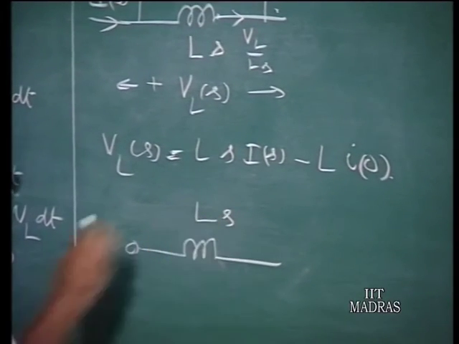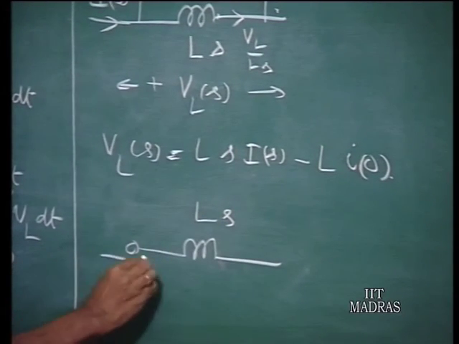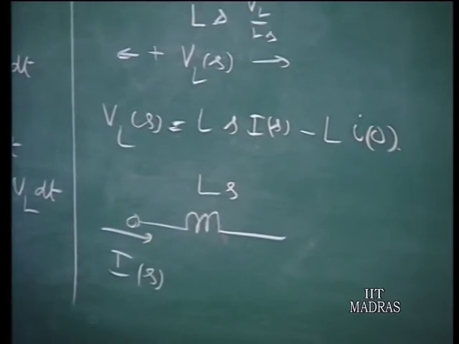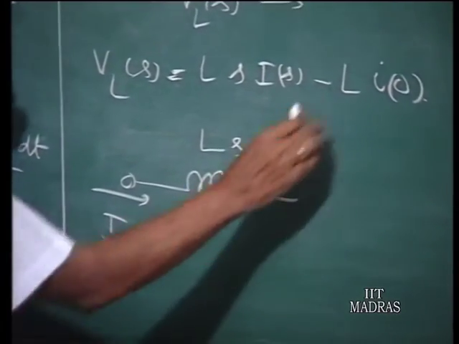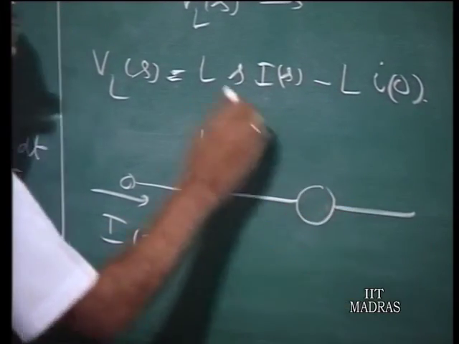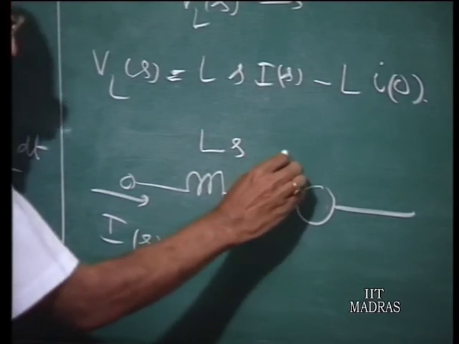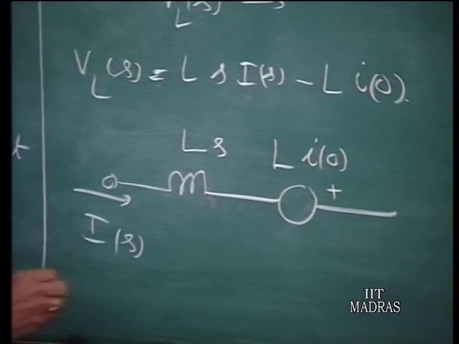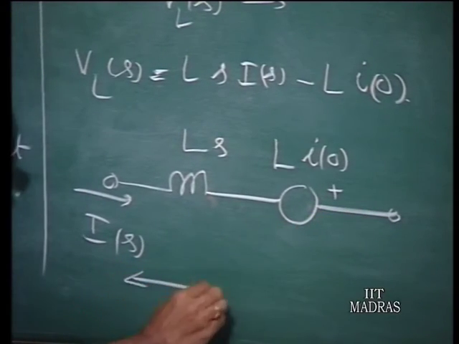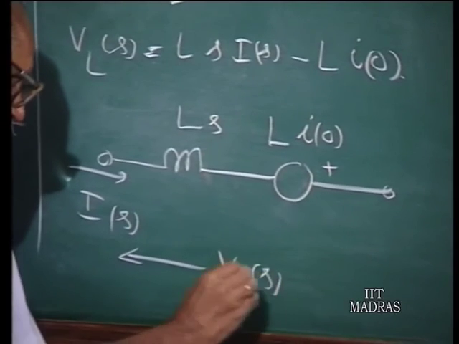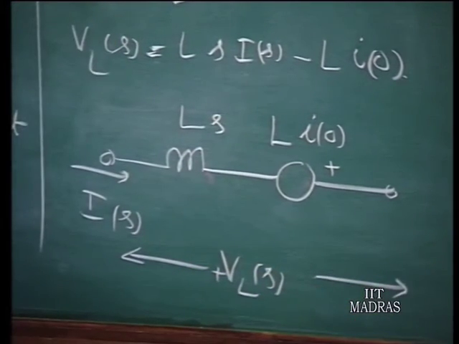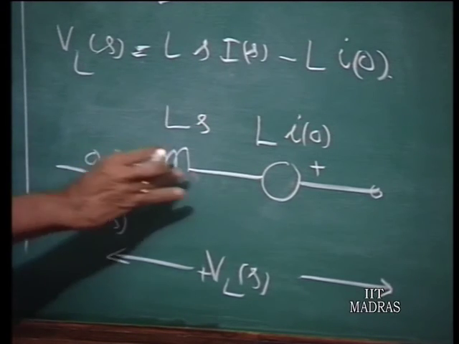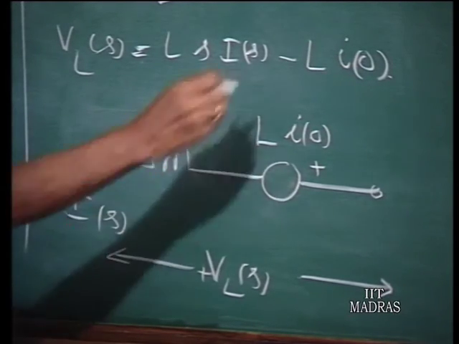Ls is the generalized impedance, we have a current I of s, so that develops a voltage Ls times I of s. In addition, you have another voltage which is independent of I of s, therefore we can think of this as a voltage source L I0 with this polarity. So the total voltage then is VL of s, which is Ls times I of s minus L I0. That's what we are having.